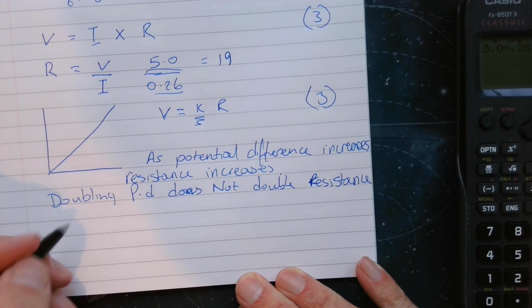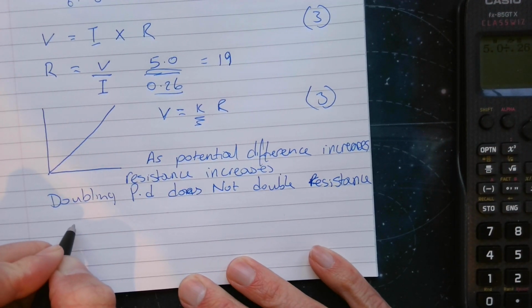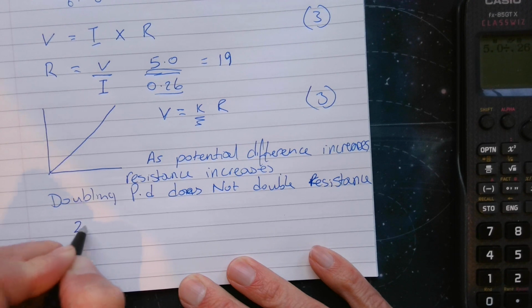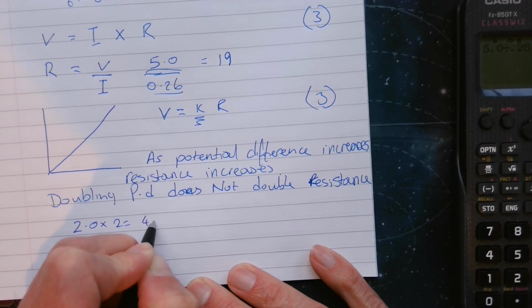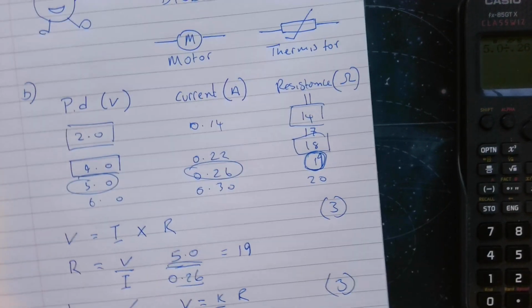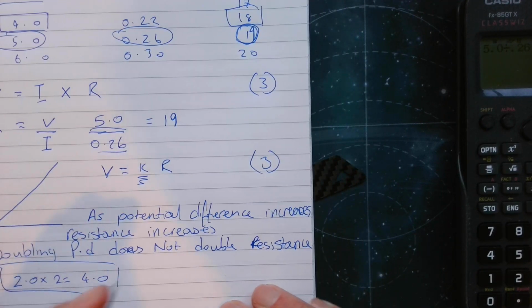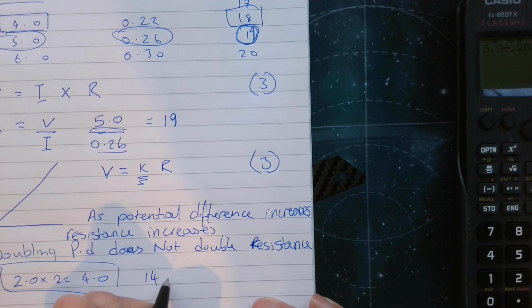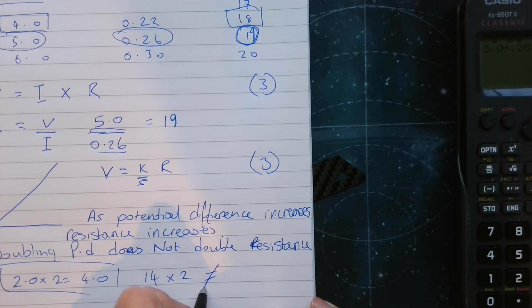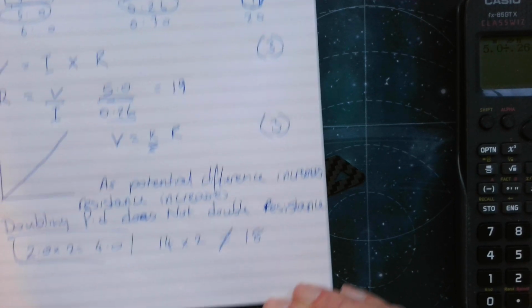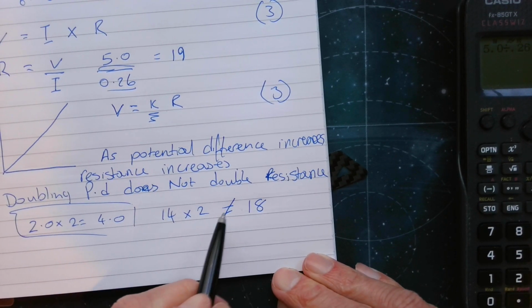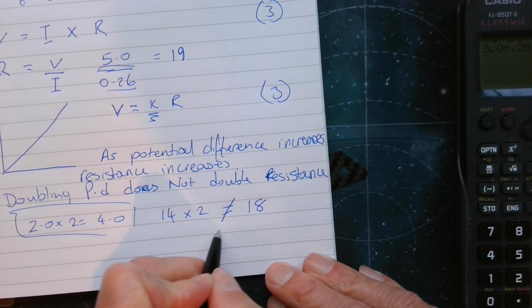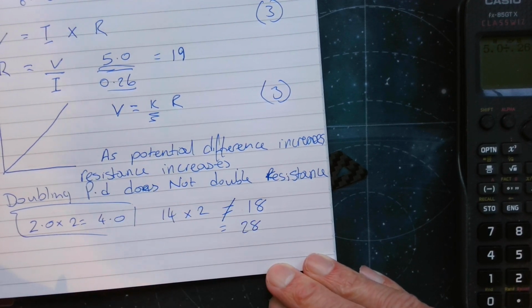And then we're going to take an example. 2 times 2 is 4. That's our potential difference from up here. 14 times 2 definitely does not equal 18, which is what, if it was going to be doubling, it would equal 28, and it doesn't.